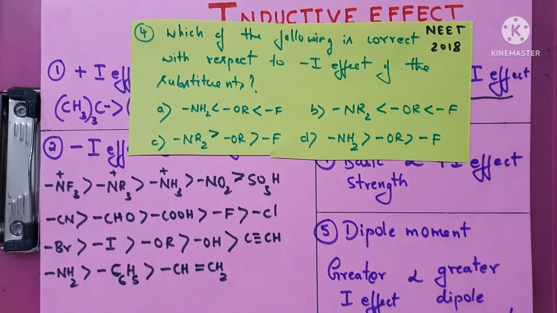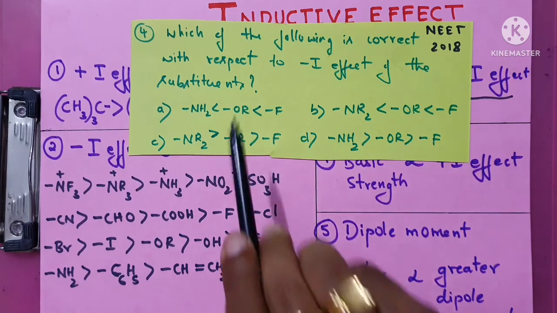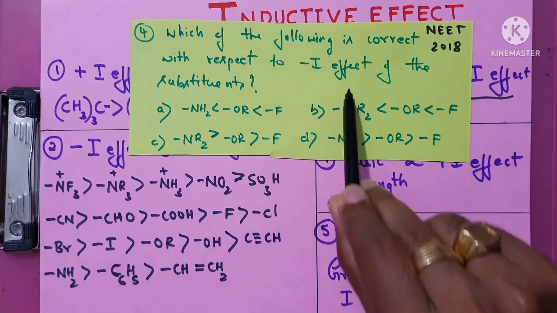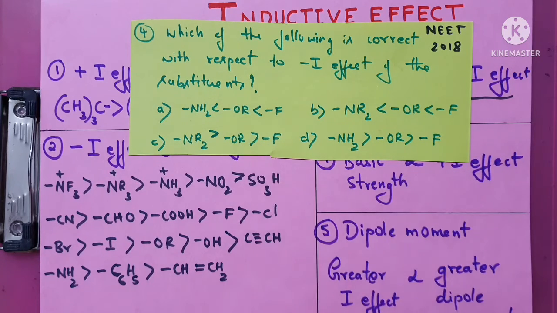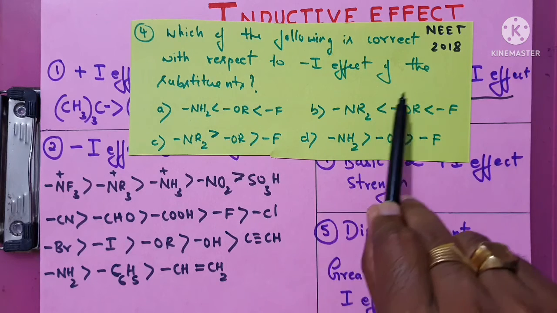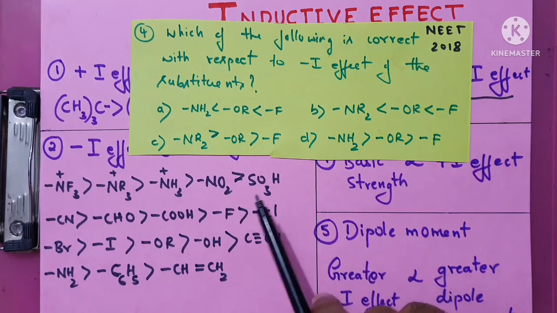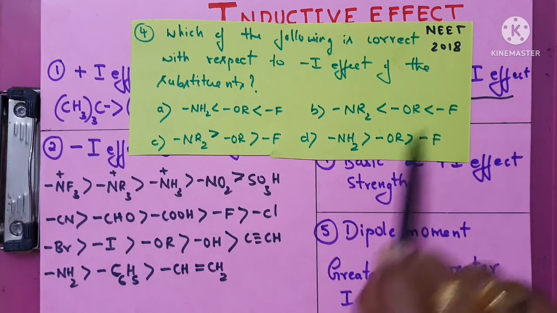Here we have the first question. Which of the following is correct with respect to the minus I effect of the substituents? Let us see and find it out. If you observe here, NR2 is given, OR is given, F is given.